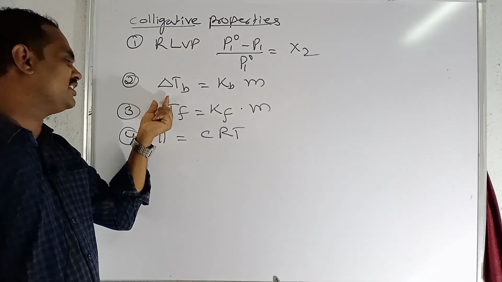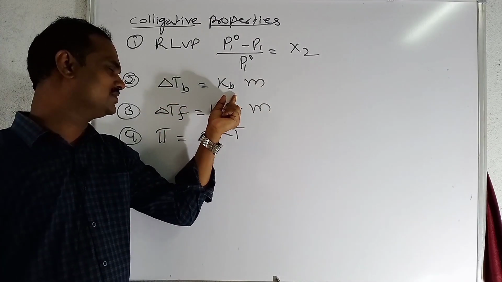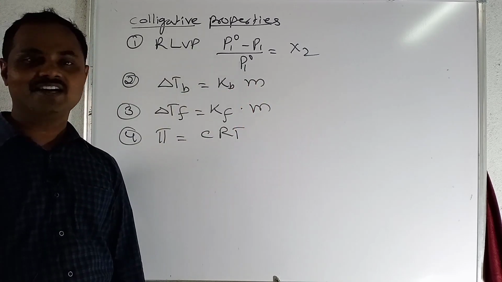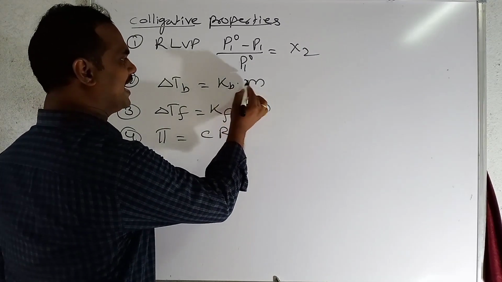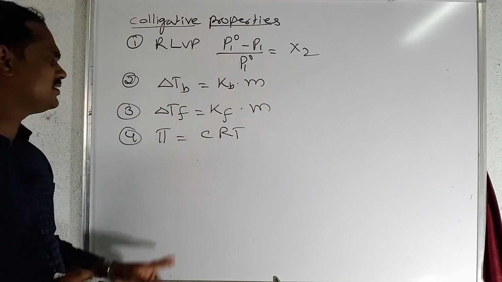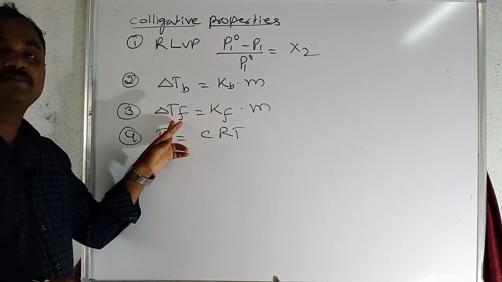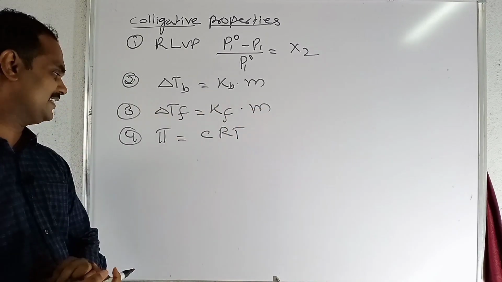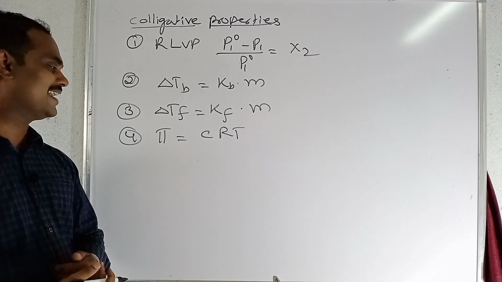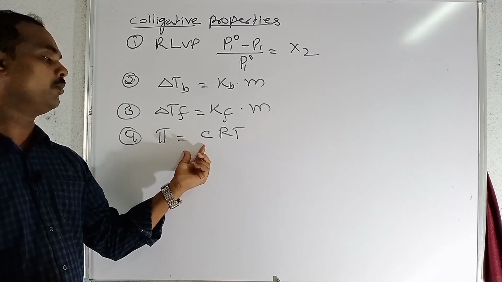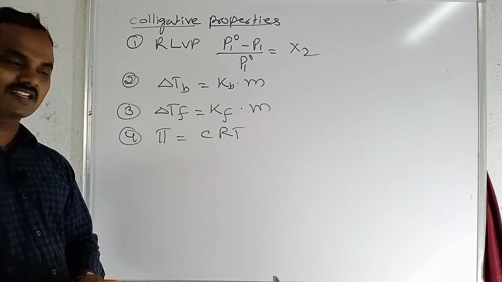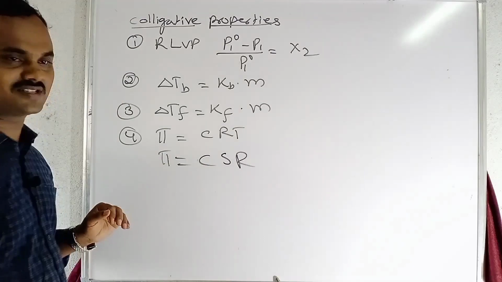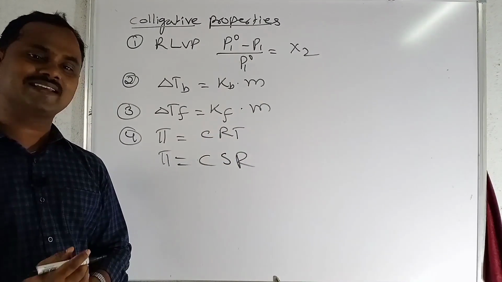Elevation of boiling point is equal to the product of the ebullioscopic constant and molality, where small m indicates molality. Here delta Tf is the depression in freezing point, equal to the product of the cryoscopic constant and molality. Pi is equal to CRT. C means concentration in molarity, or we can also use S. Here S means solution constant. This value is equal to the universal gas constant.